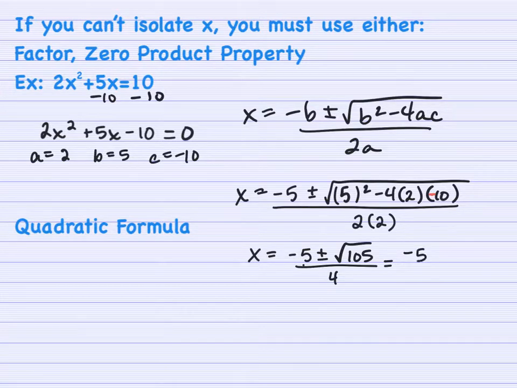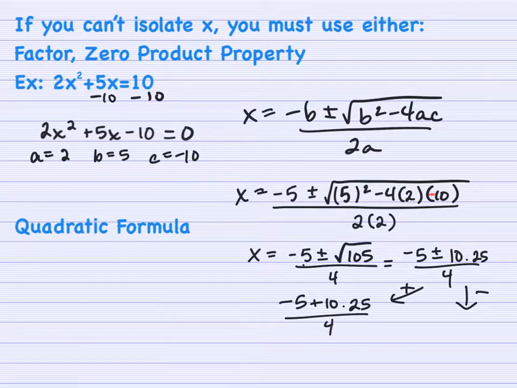So I've got negative 5 plus or minus, this ends up being 2.25 roughly, divided by 4. And then I'm going to split it off into the plus and the minus. So negative 5 plus 10.25, all divided by 4.